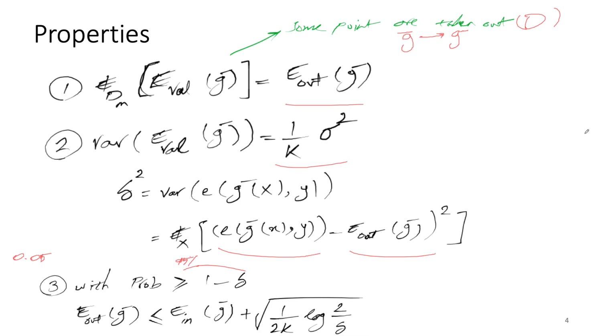The out of sample error of g minus will always be smaller or equal to the validation error of g plus the square root of 1 over 2K log 2 divided by delta. So now, after we provide the proof, we need to understand how we're going to select this K out of our training data.